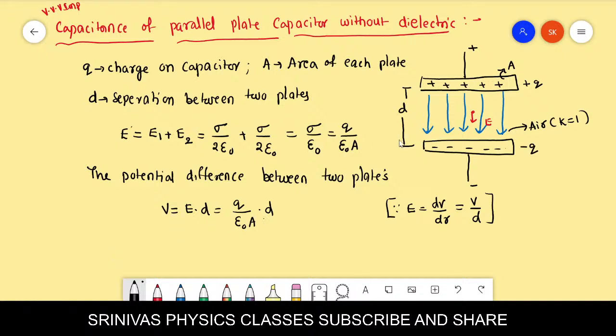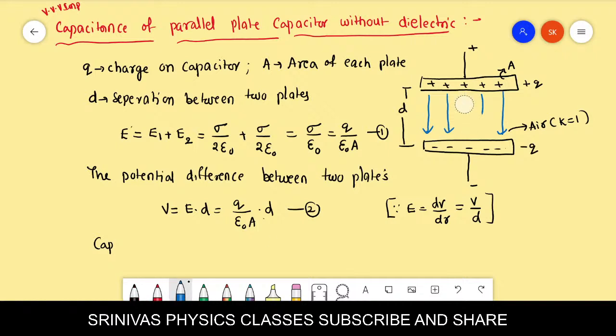Okay, understood. If you have any query, write in the chat box. This is equation 2. Right, now I want the capacitance of the capacitor. First I calculated the electric field. Electric field due to the positive plate. Okay, if you want I will clearly draw the diagram.